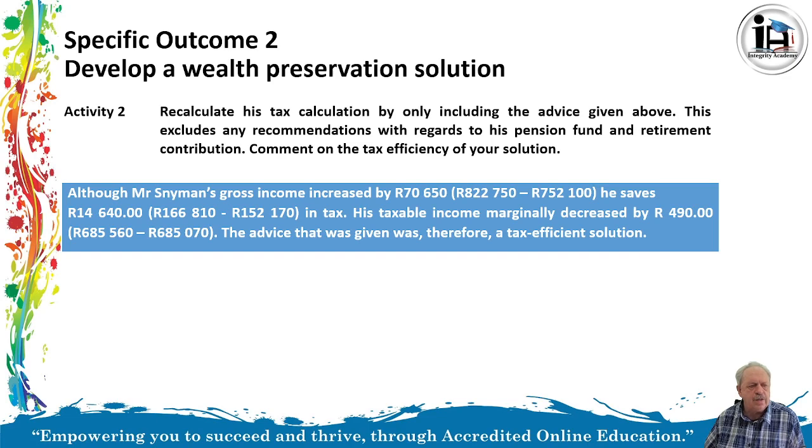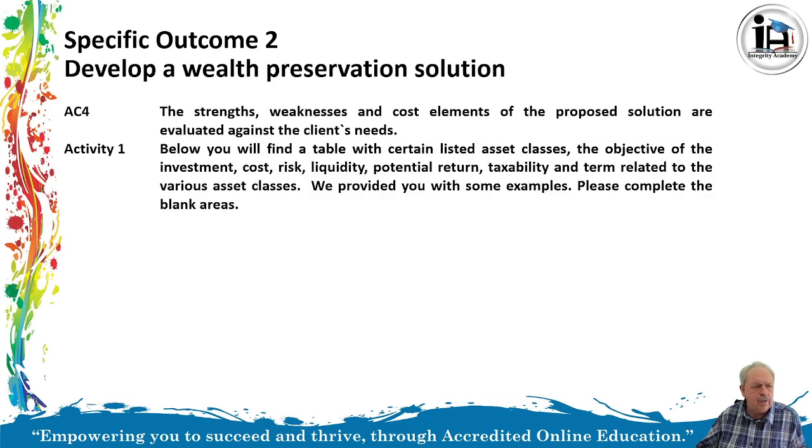That has also saved him in tax, and he has also decreased his taxable income slightly by 490 from 685,560 to 685,070, which is that 490 Rand. So the advice that was given was therefore a very tax efficient solution, and we didn't cost him more on tax. We actually cost him less on tax after we've been there.